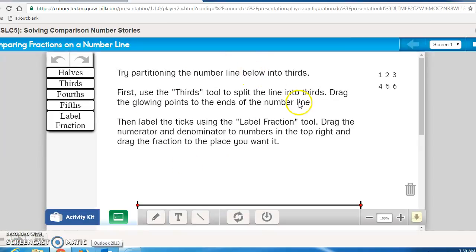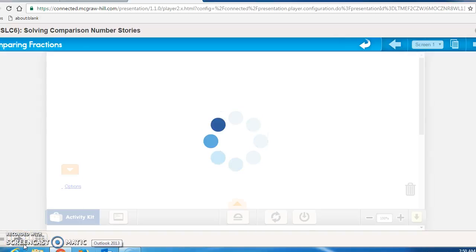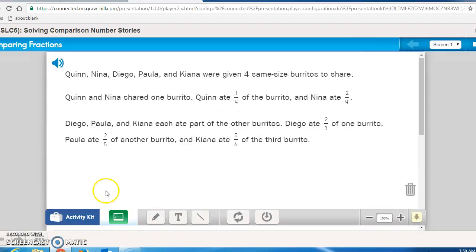Again, this is just looking at the number line, making sure that you can label it. So Quinn, Nina, Diego, Paula, and Kiana were given 4 same-size burritos to share. Quinn and Nina shared 1 burrito. Right away, I would draw 1 burrito, and I would put Quinn and Nina.